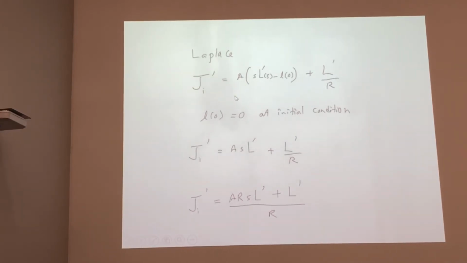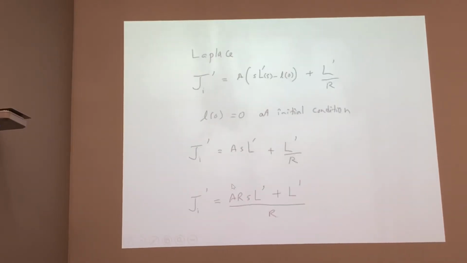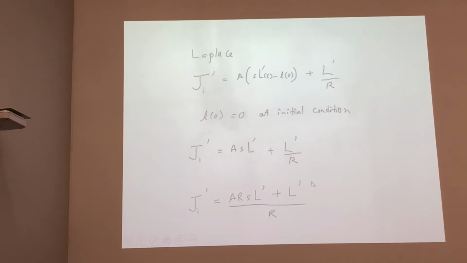And then Laplace for A dL dt, A is the same, dL dt becomes SL minus L0. And then the last one is L prime over R. Small letter becomes capital letter.